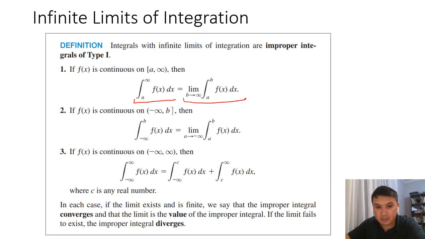For minus infinity to b, you do exactly the same, but for the lower limit. You integrate from a to b, where b is fixed, you vary a, and let a go to minus infinity. If this limit exists, we say that the integral exists. We say it converges. Now for the integral from minus infinity to infinity, you can pick any c.